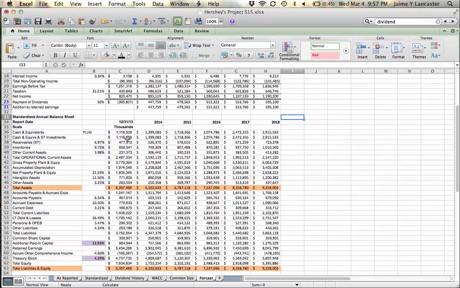Then I'm going to come down here and I'm going to give myself a line at cash and short-term investments, at total operational current assets. I'll give myself one at net plant property and equipment. I'm going to give myself one at total current liabilities. I'm going to give myself one, that's actually going to be it. Nope, other total liabilities.